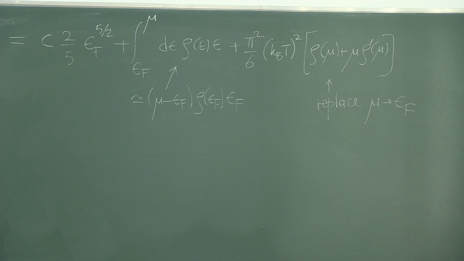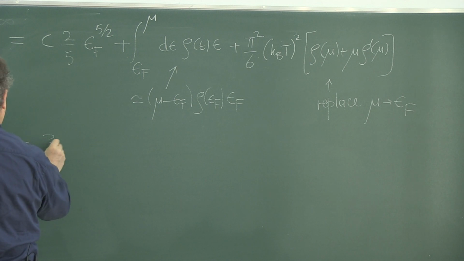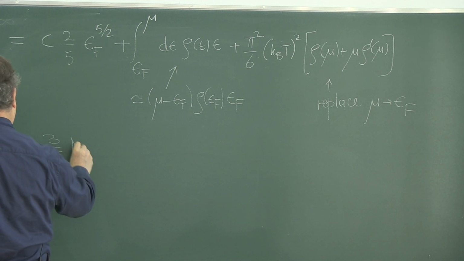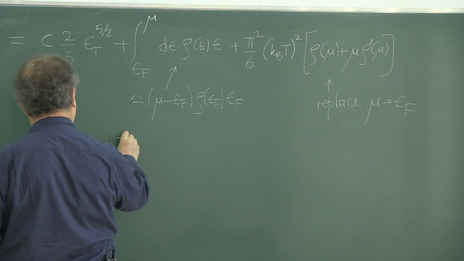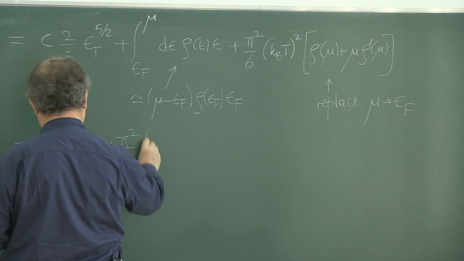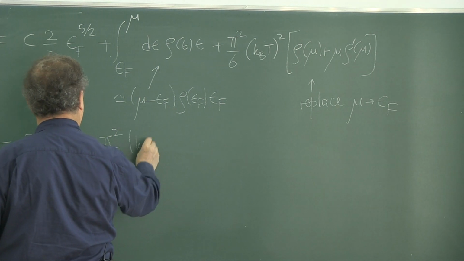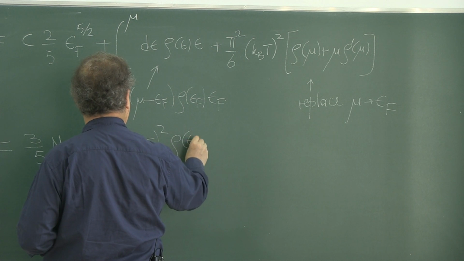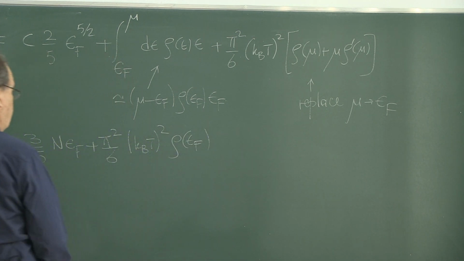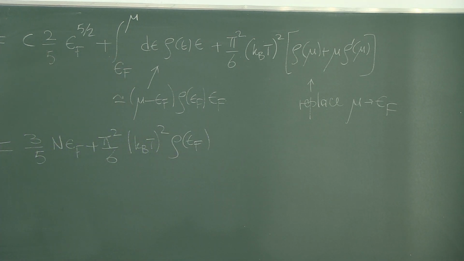You can get the following. Finally, 3/5 N EF plus pi squared over 6 kBT squared rho EF. That's what you get.